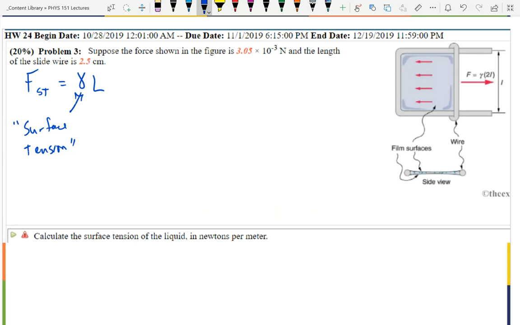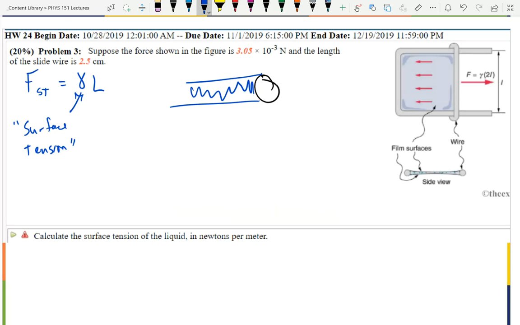Now in this problem, we have a wire. Here's a cross-sectional view of the wire, and I have a film that is leaving the wire above and below. I have water all the way in between, but it's only at the edge of contact that we have that surface tension force.